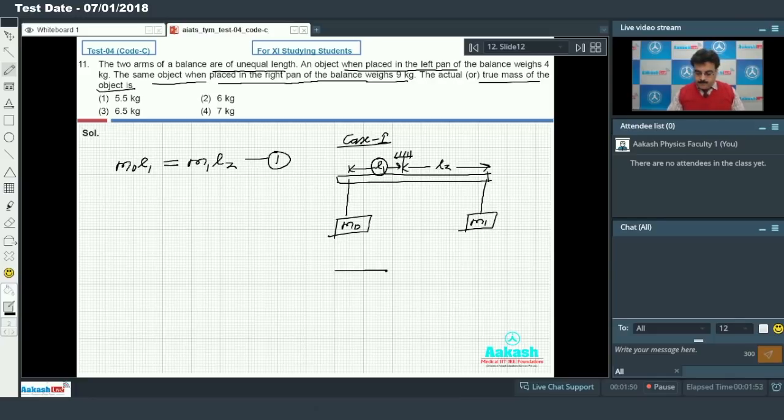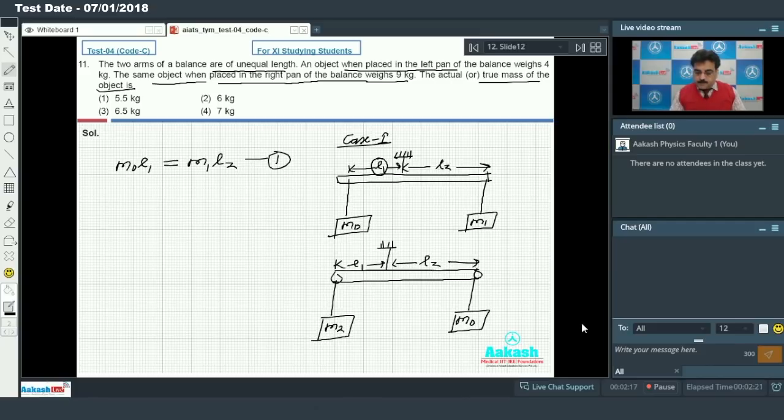Similarly, I make the second situation according to the problem. Because I am going to change, this mass is m2 this time, and on the right hand side I am going to take m0, and this is my point where we have to calculate L1 and L2.